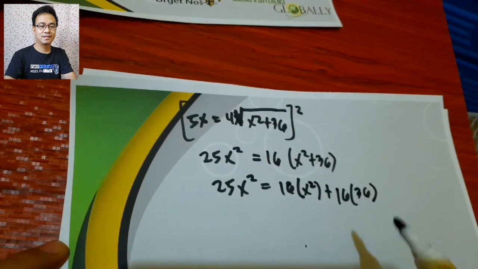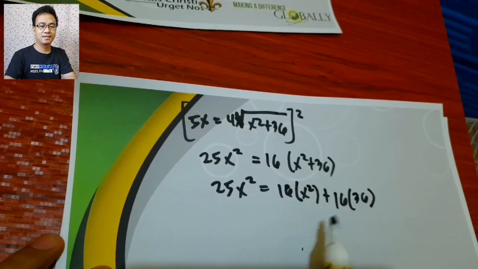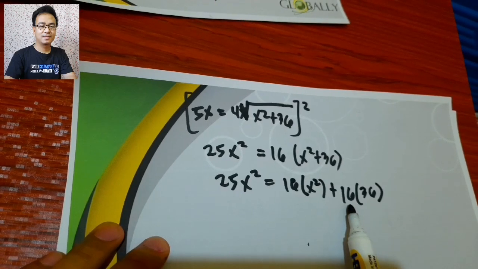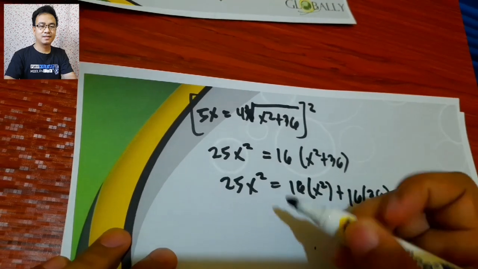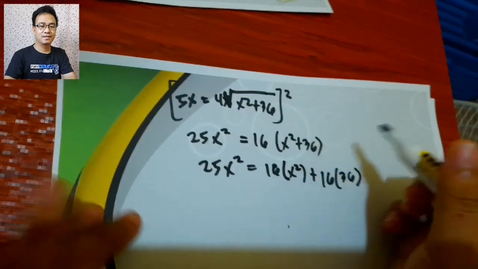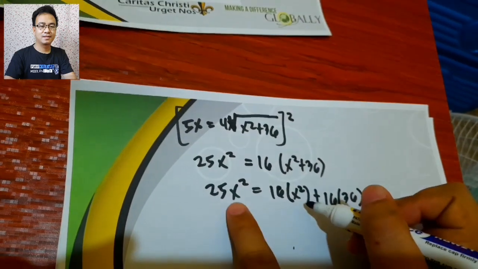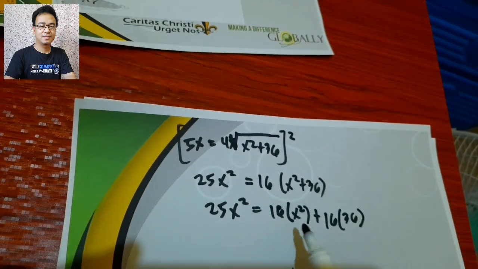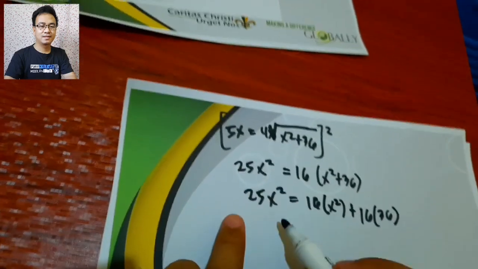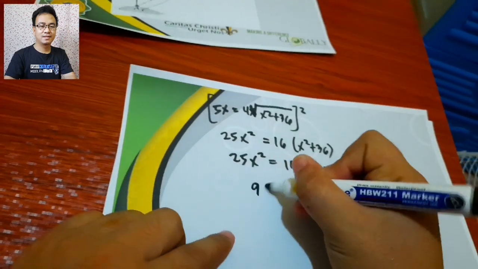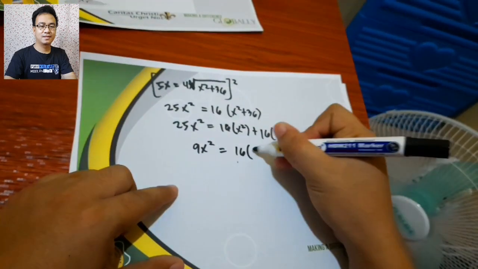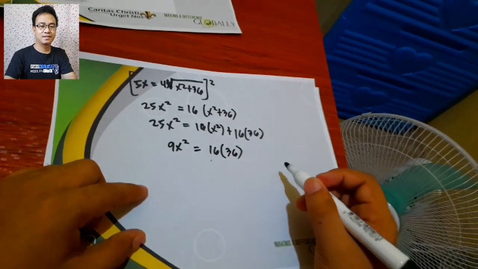Now, the common term 16x squared will be transferred to the other side, which will leave us 9x squared equals 16 times 36.